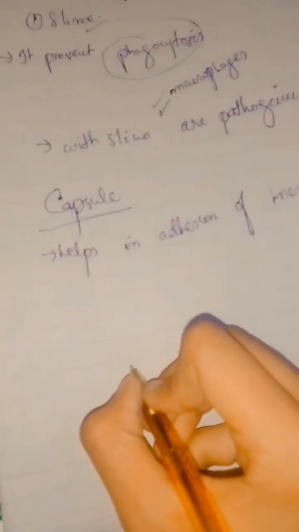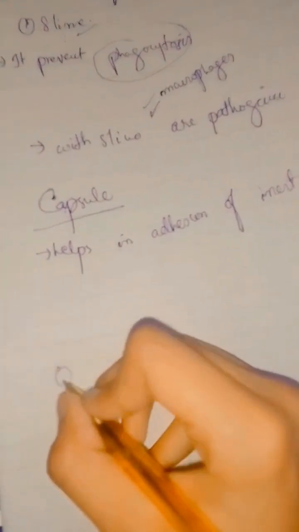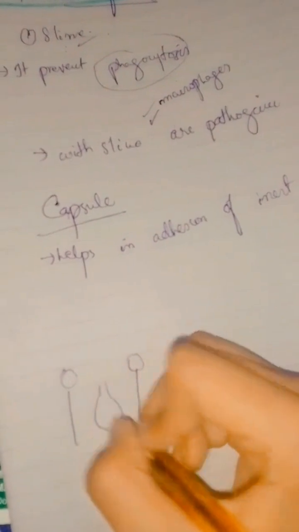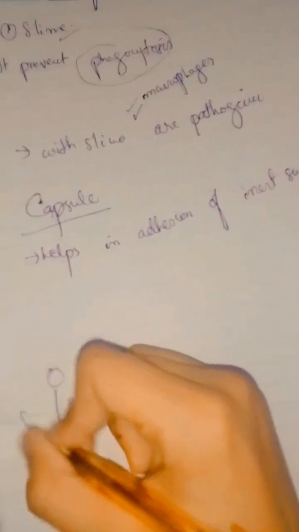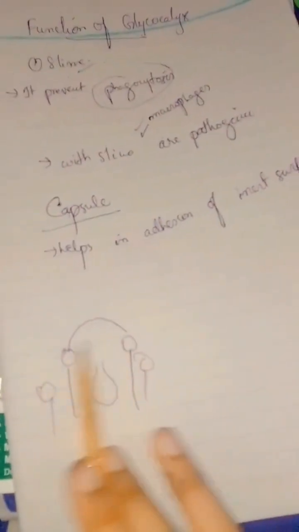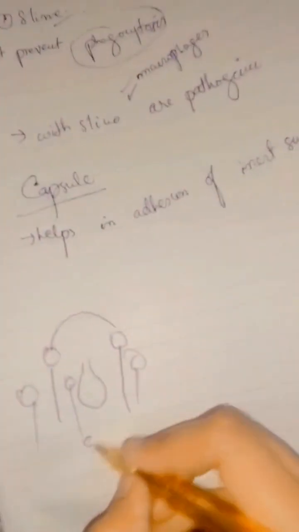For example, take the anther. This is the anther of one flower, and this is the anther of a second flower, with the stigma present between them. They are not combined, they are from different flowers, so they are dissimilar.